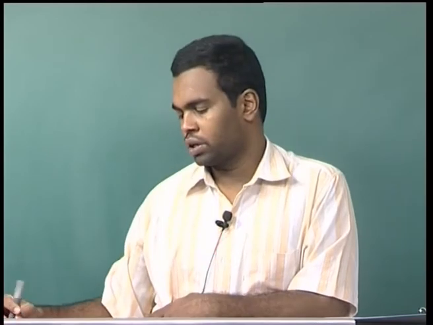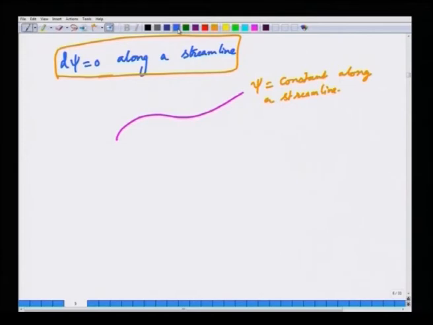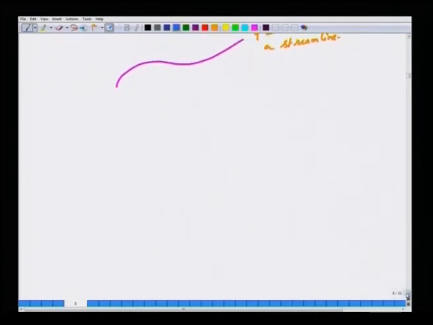Now, there is another important third major implication of using stream functions, and that relates to the volumetric flow rate that flows between two streamlines. So, let me explain this a bit slowly. Suppose you have a flow domain, and we are anyway restricting ourselves to 2D flows.